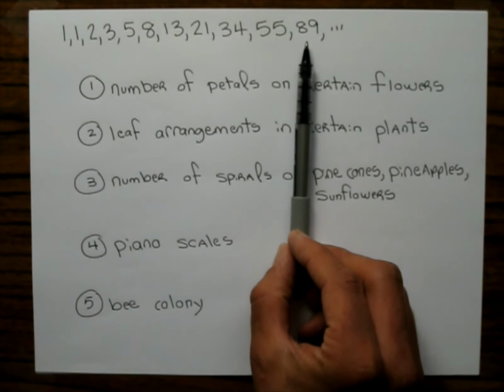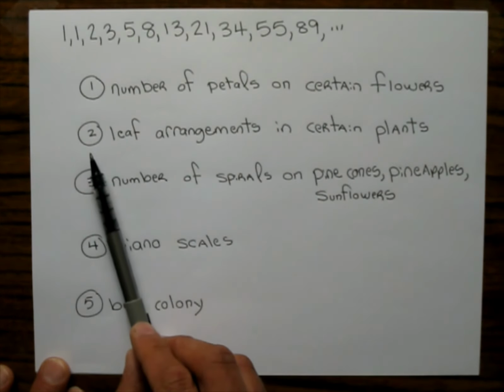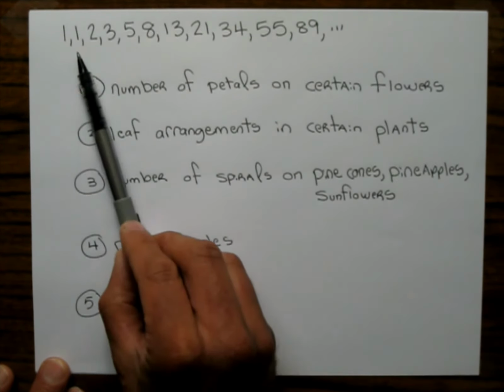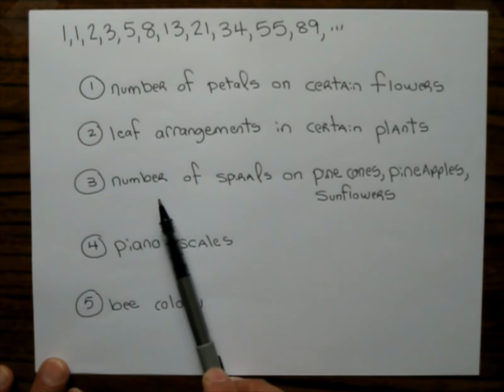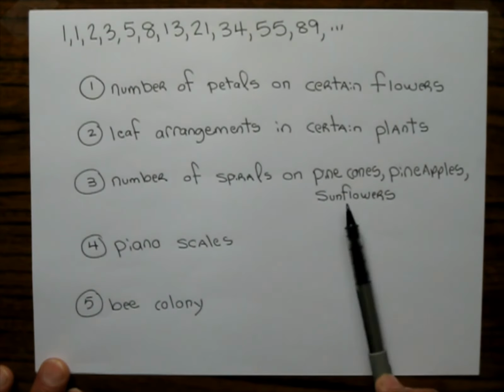So you can look this up on the internet, and maybe you're like, this guy's going crazy, but that's true. So that's number 1. Number 2, leaf arrangements in certain plants will go by these Fibonacci numbers. Number 3, number of spirals on pine cones, pineapples, sunflowers, on mature pineapples and mature pine cones and mature sunflowers.